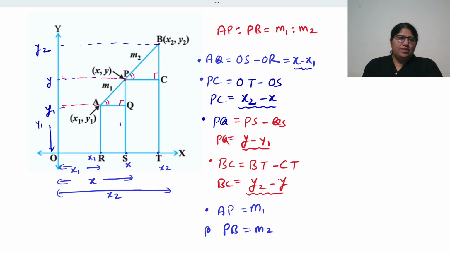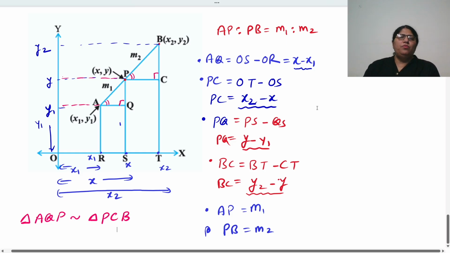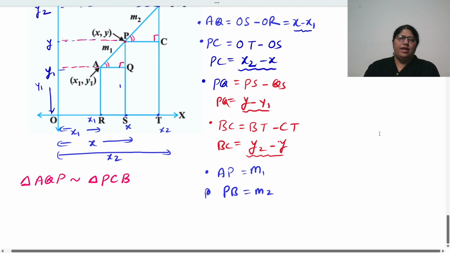So let us first write down triangle AQP is similar to triangle PCB, where A corresponds to P, Q corresponds to C, and P corresponds to B, because P is a common vertex in both the triangles.